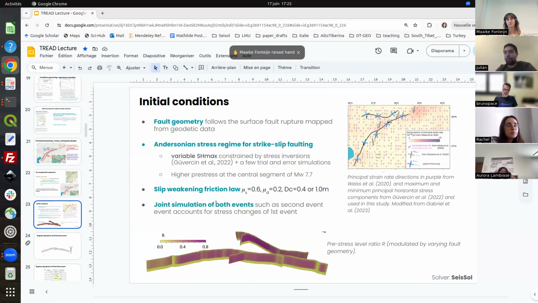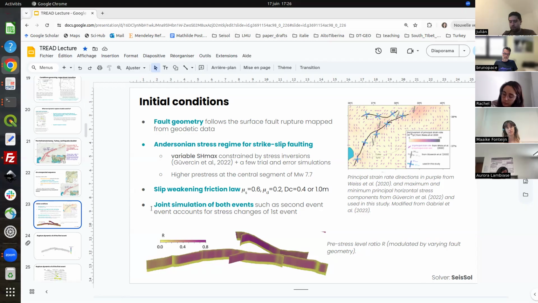I said that co-seismically, during the rupture, the first event didn't trigger the second one. If we look just at the static Coulomb stress change produced by the first event on the second fault, the stress changes are not very high, in particular at the epicenter. The stress change at the epicenter produced by the first event on the fault of the second event is very low.